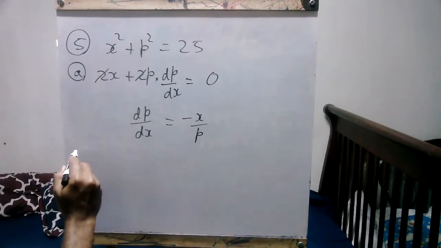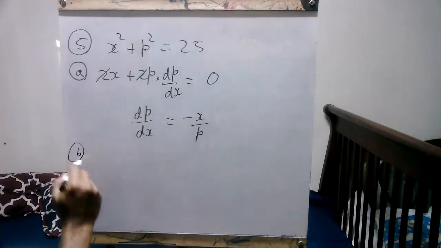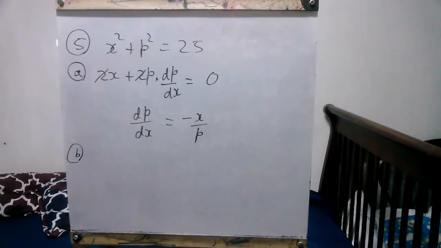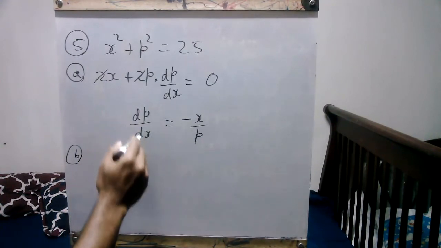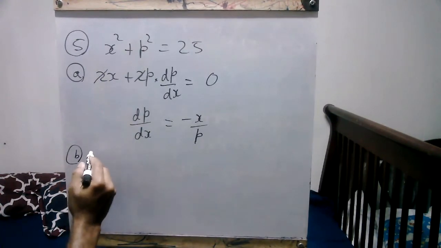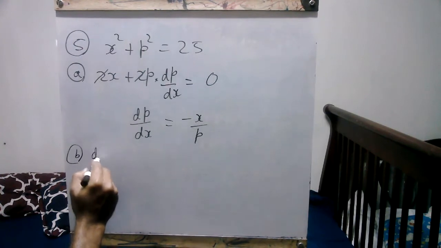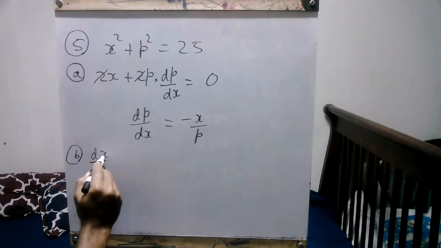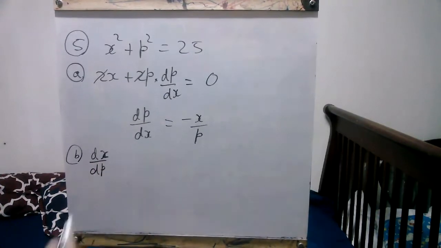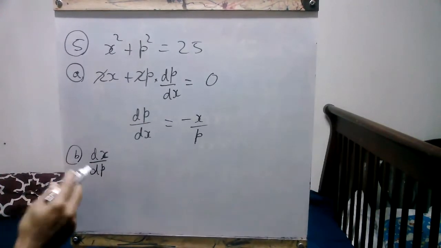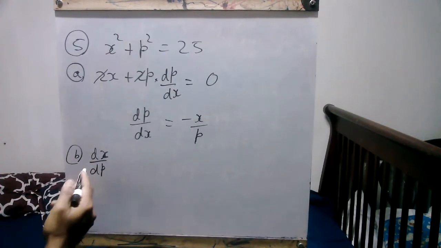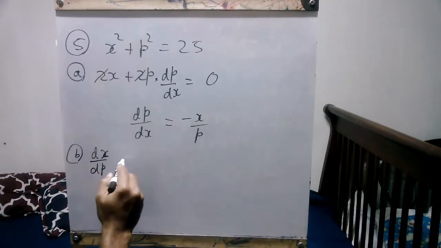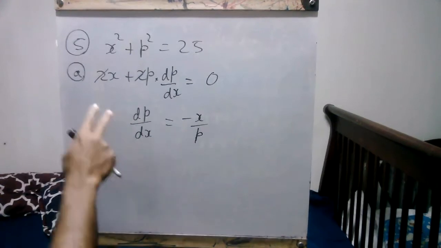Part B. Part B is find dx/dp. We found dp/dx. Here they are asking you to find dx/dp. Now here we can do this quite easily without doing anything.